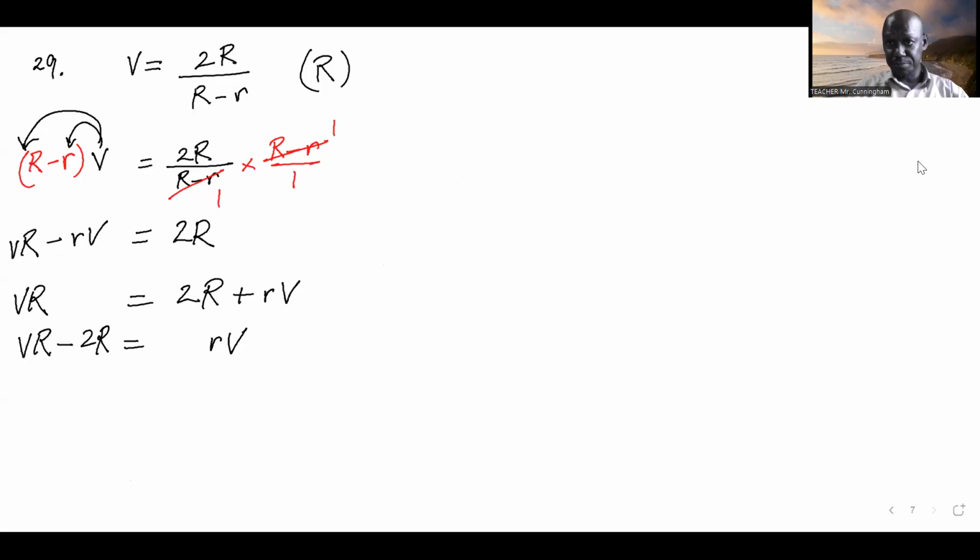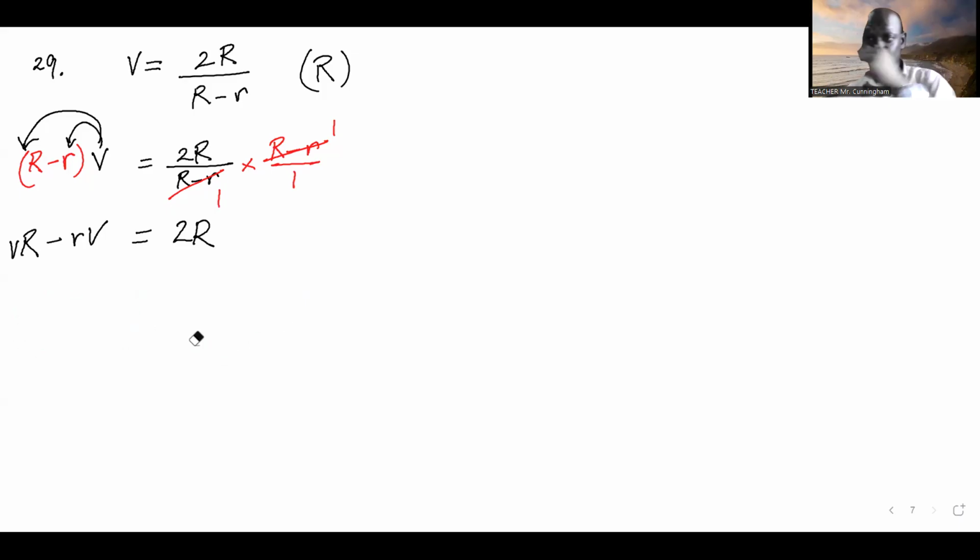Erasing. And I want to change the color. Let me make these things green. All right, this is the R here.